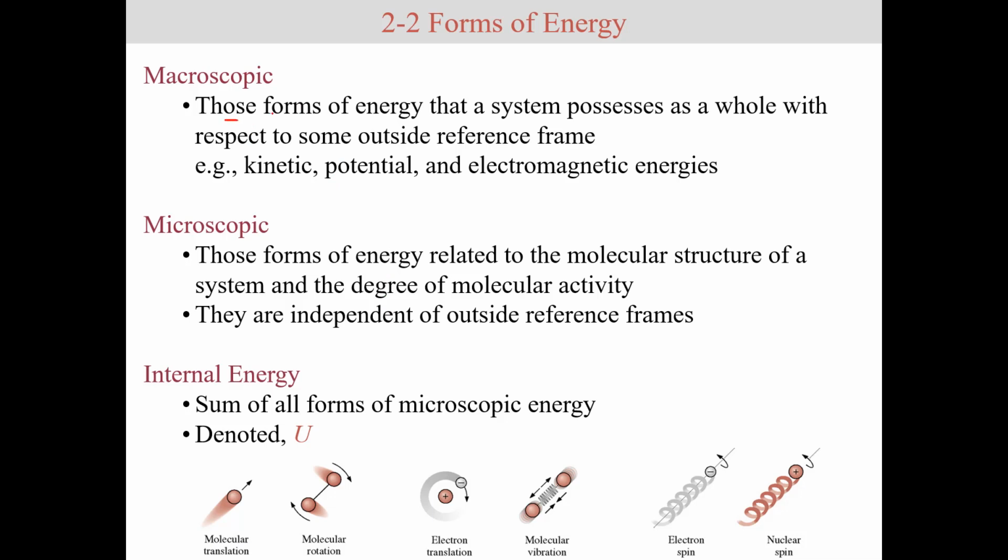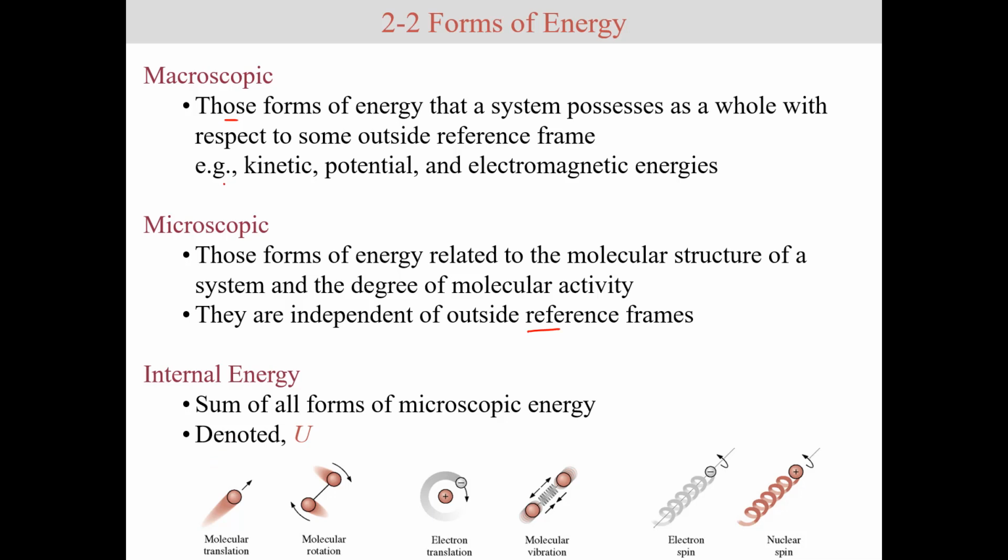Macroscopic would be defined as those forms of energy that a system possesses as a whole with respect to some outside reference frame. Microscopic would be those forms of energy related to the molecular structure of a system and the degree of molecular activity. These are independent of the outside frame.